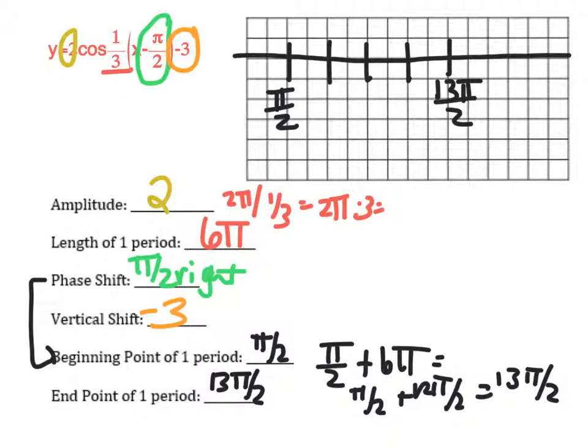If I find all of these, 1 plus 13 is 14. 14 divided by 2 is 7. 7 plus 13 is 20. 20 divided by 2 is 10. So 10 pi over 2 would be 5 pi. Then if I do 1 pi over 2 plus 7 pi over 2, that's 8 pi over 2. And if I divide the 8 in half, that gives me 4 pi over 2, which is just 2 pi.